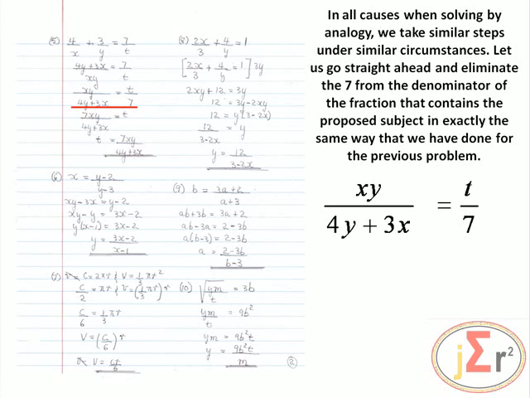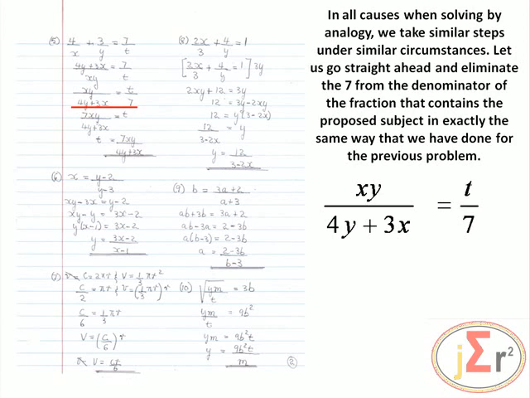And how did we eliminate that denominator? How do we generally eliminate a denominator? A denominator is something that we divide by. Therefore, in order to eliminate that denominator, we will multiply by that same number that is in the denominator.